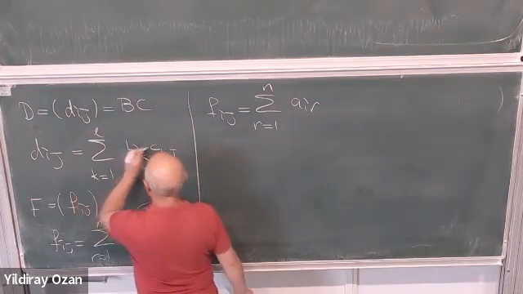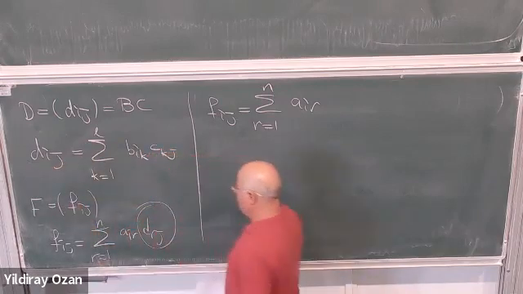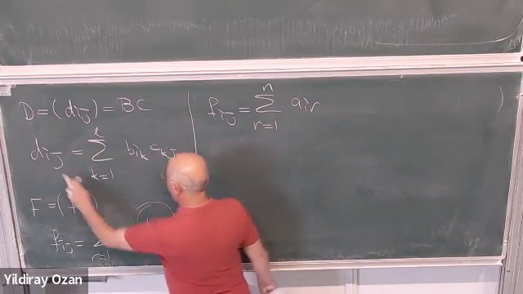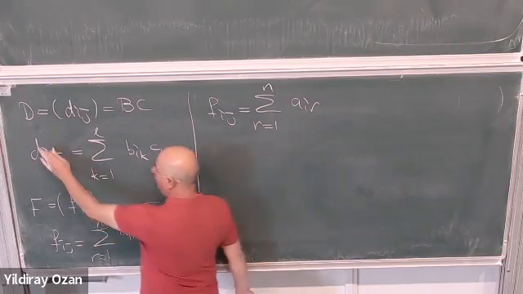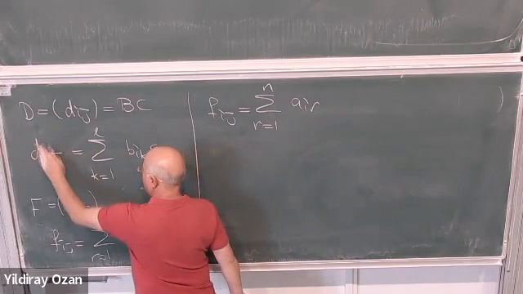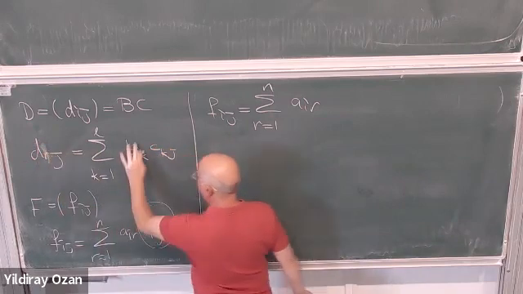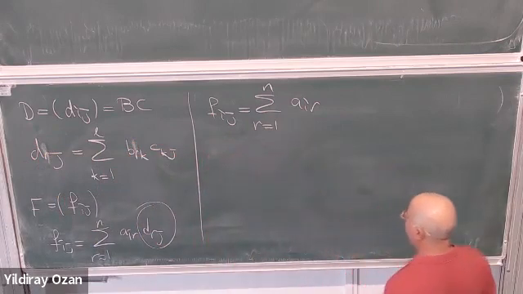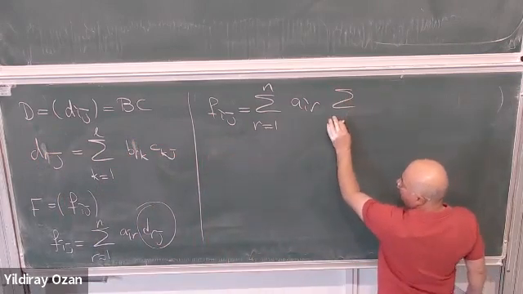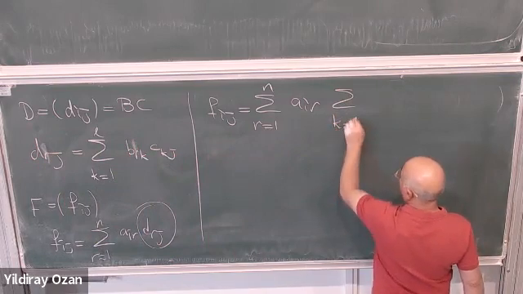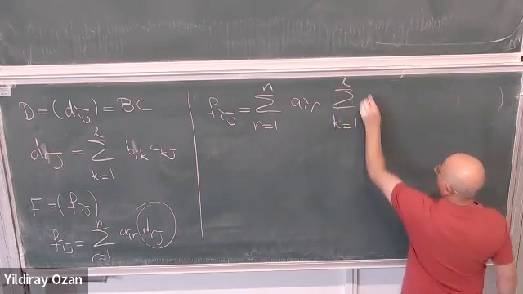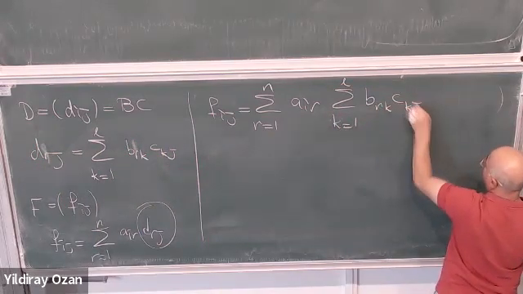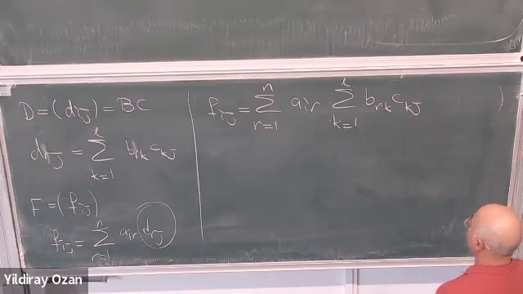Drj is this expression, so instead of the index there, I have r here. So if I make this r, then I will have r here, right? So what we have is the summation over k from 1 to L of Brk Ckj.